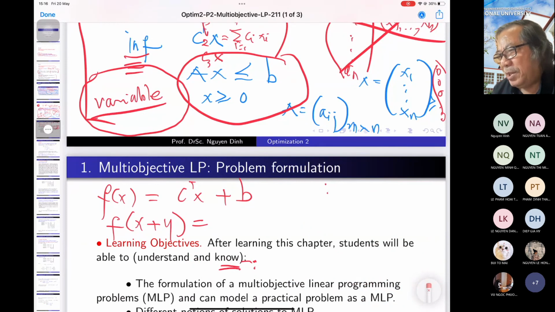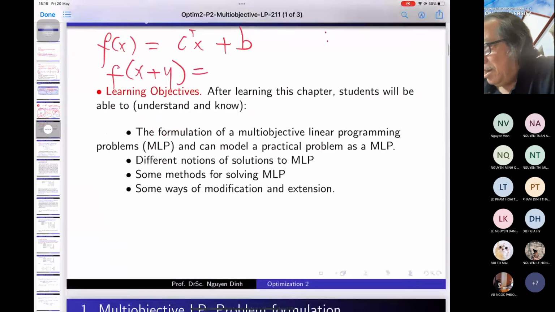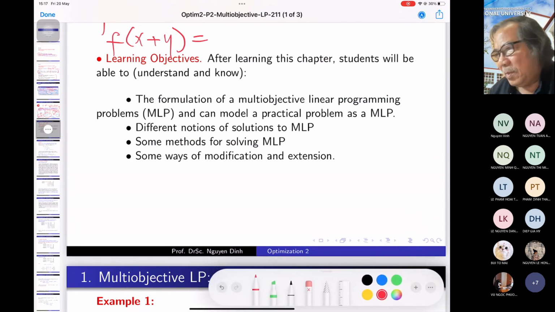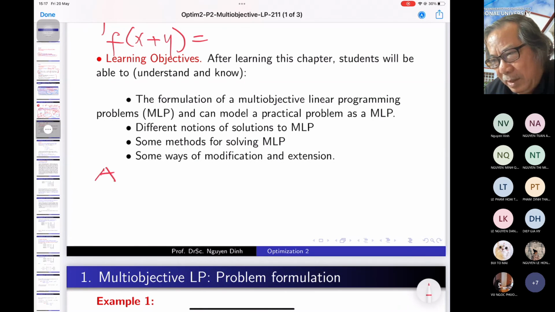Listen. What is linear for the function f? You have to take a look back at linear algebra. For example, you have an operator A from Rn to Rm.